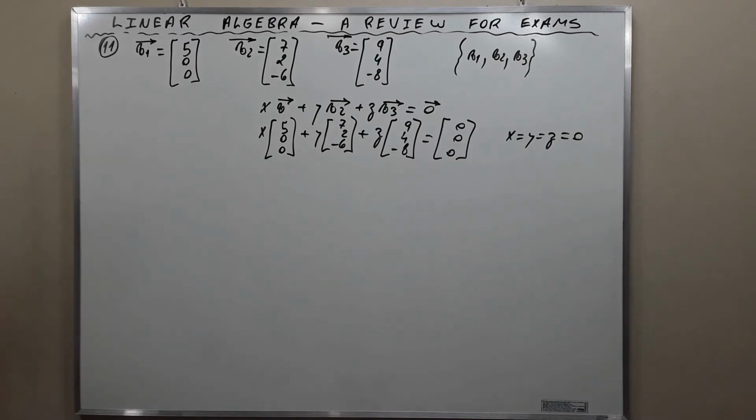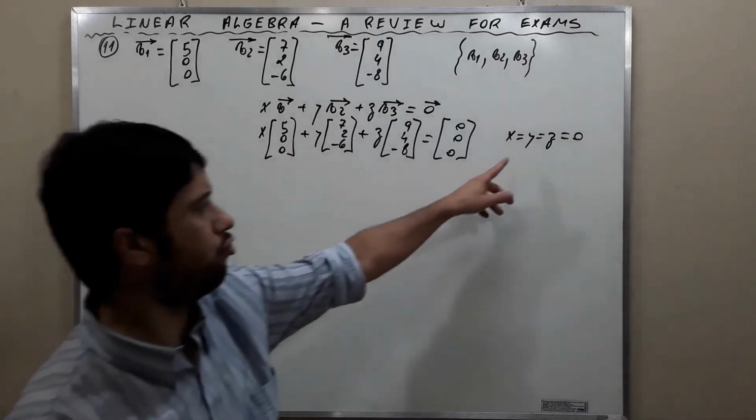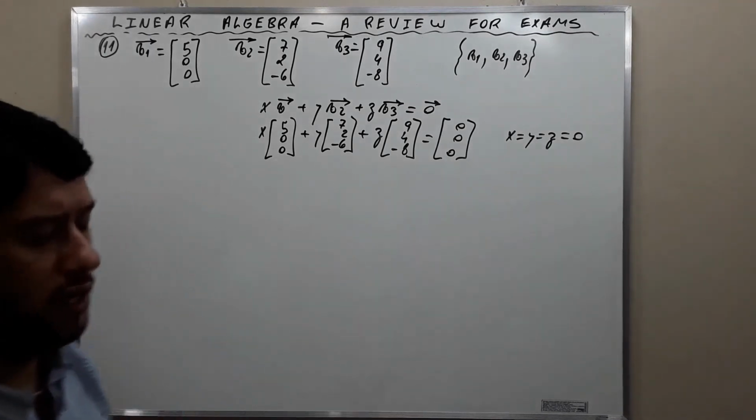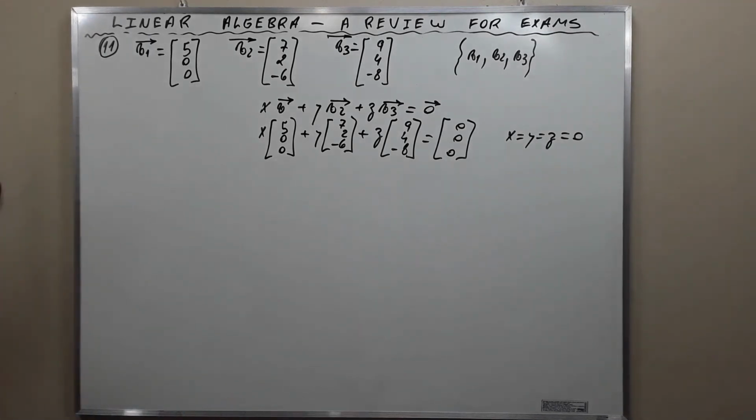Okay? This is the idea behind linear independence or linear dependence. The vector set is linearly independent only if this is true. Otherwise, they are linearly dependent. Okay?